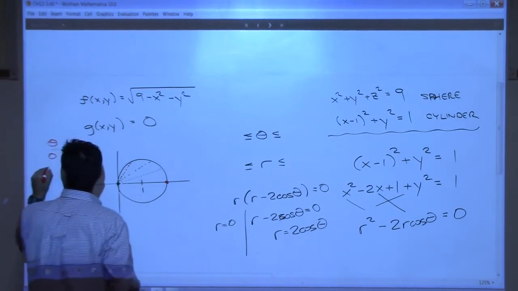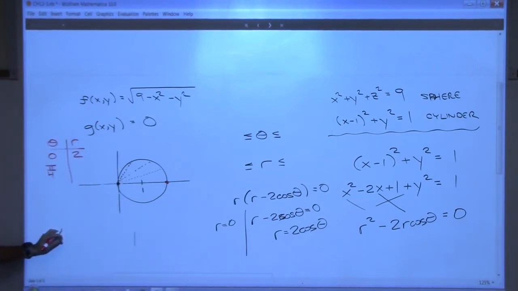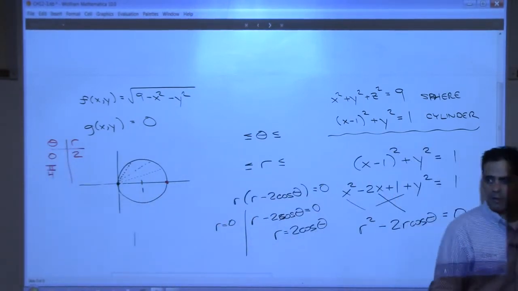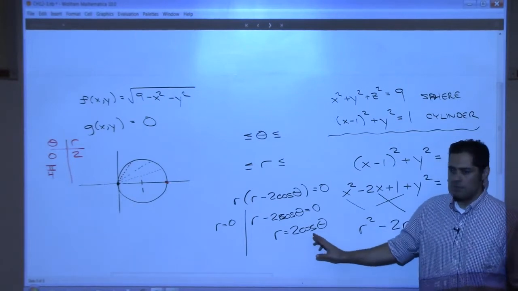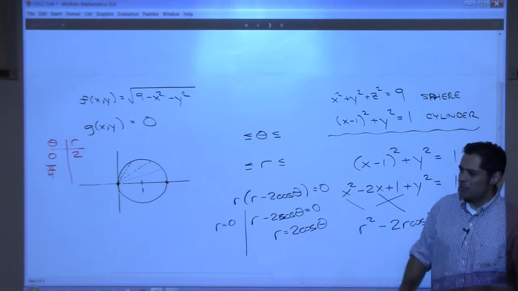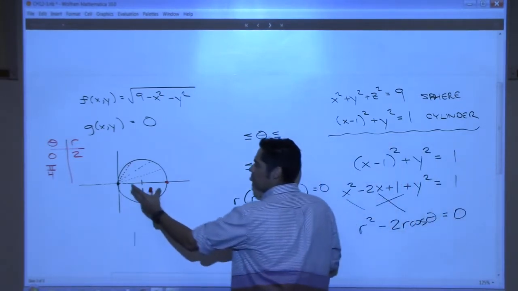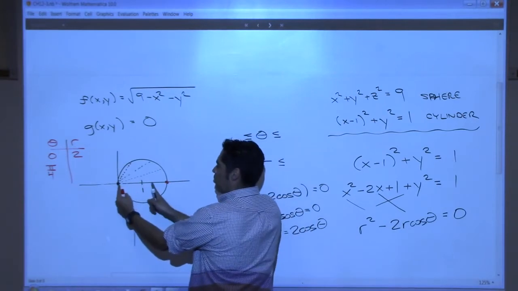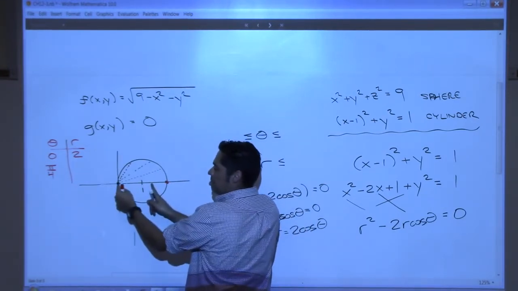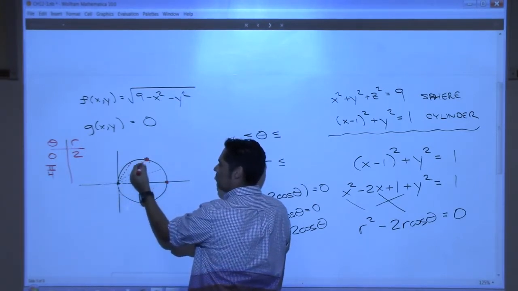If my angle is pi over 4, how far do I walk out? Well, cosine of pi over 4 is root 2 over 2 times 2. It's just root 2. Root 2 is about 1.414, something like that. So 1.414 is about this far, right? But I'm supposed to walk out that far when I'm aimed at pi over 4. Pi over 4 is 45 degrees. Wow, that's right there. Do y'all see that?